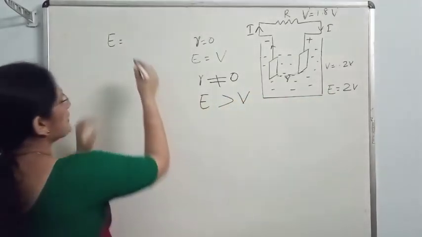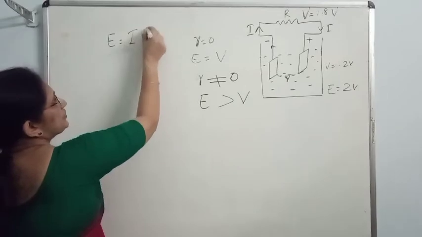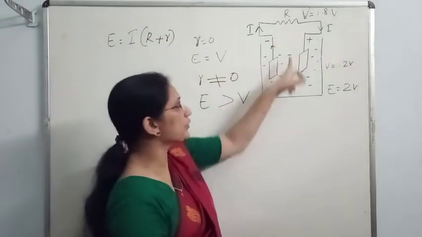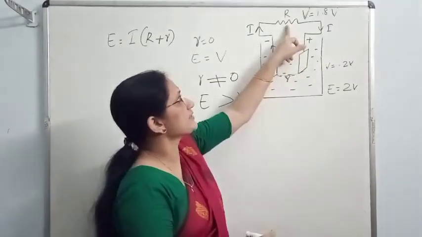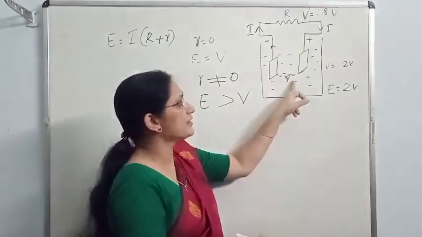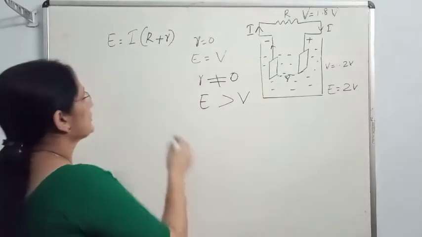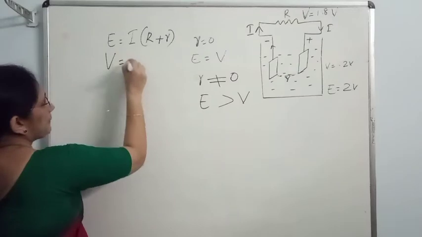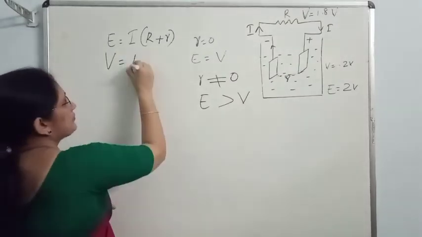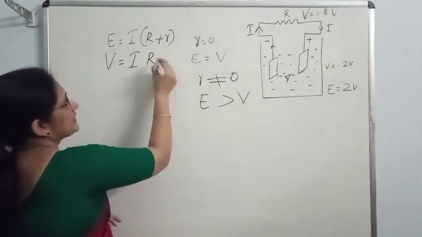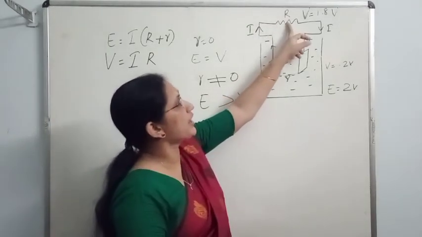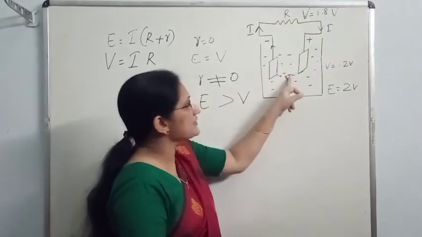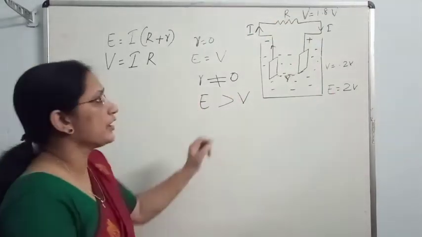The formula for EMF is current into total resistance, that is R plus r. We have to consider both the resistances, external resistance capital letter R and internal resistance small letter r. Then the formula for terminal voltage, capital letter V, is the product of current into external resistance, I into R. I into total resistance gives EMF.